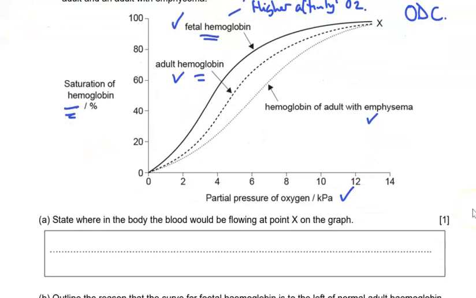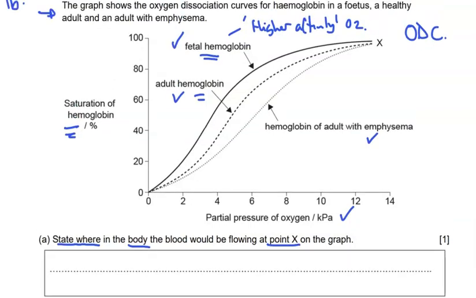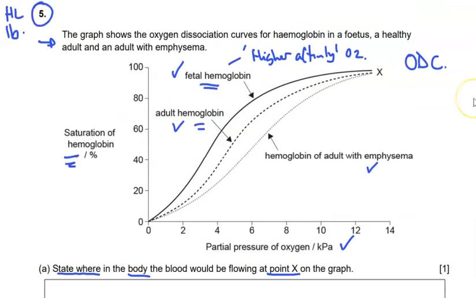And so it's asking us to state where in the body blood would be flowing at point X. So let's just pull the curve down so we can see it clearly. Here's the X. And the clue to doing this is to come down to the x-axis and notice that we're operating in some kind of value.